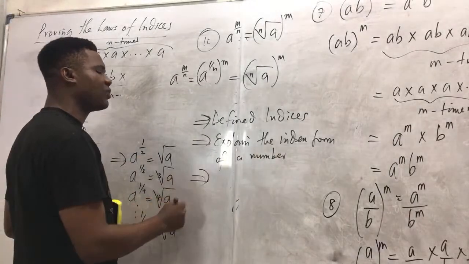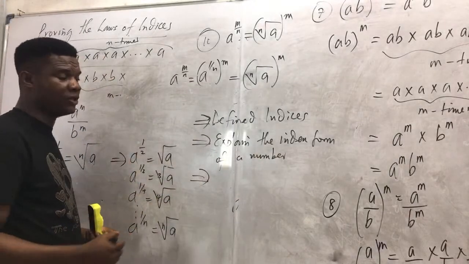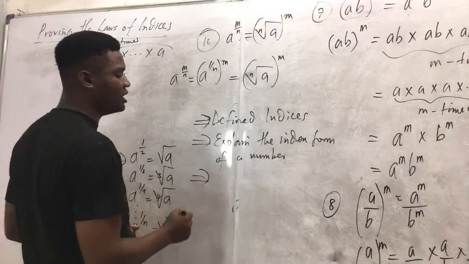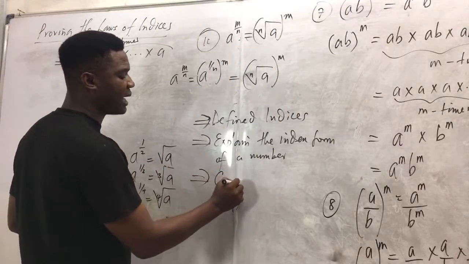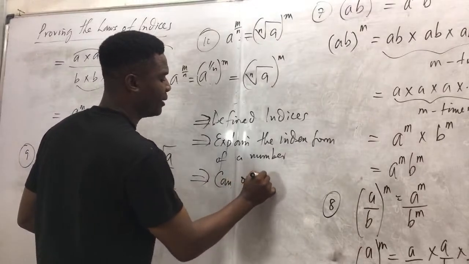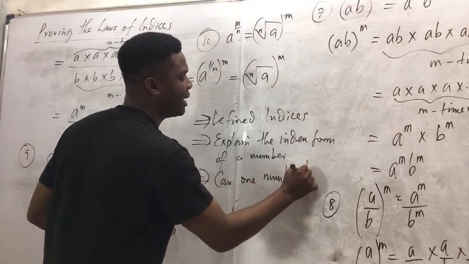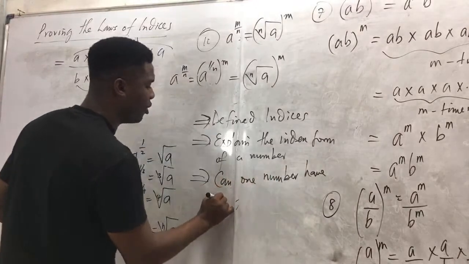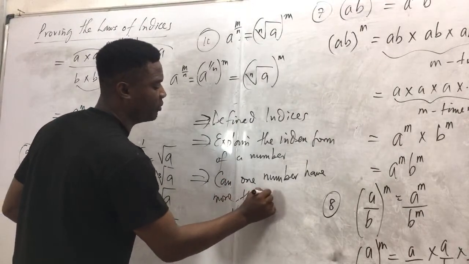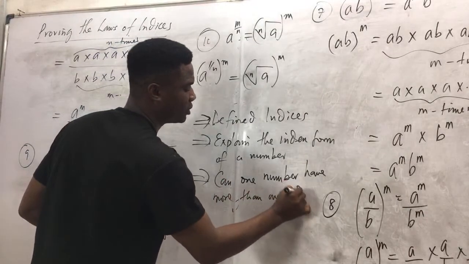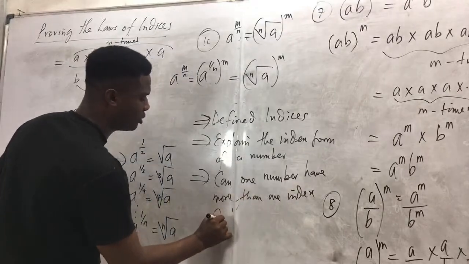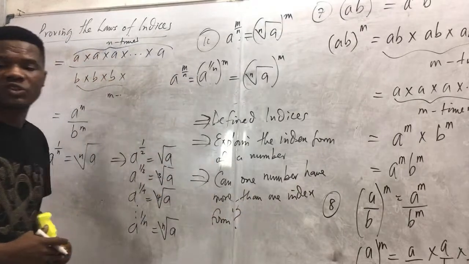Now, the next thing we did was to explain the uniqueness or non-uniqueness of index form. So we answered the question, can one number have more than one index form? We have answered this question in this video.